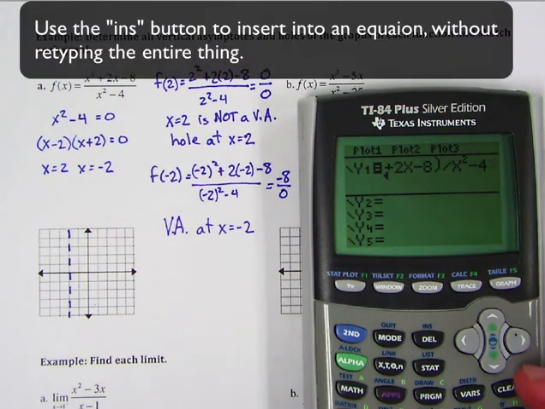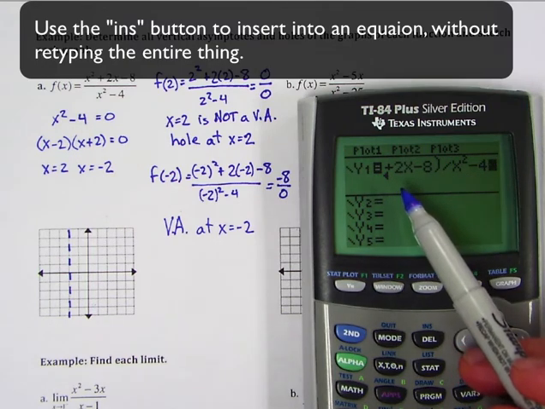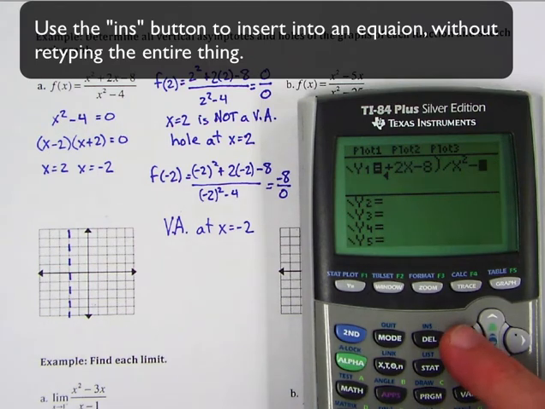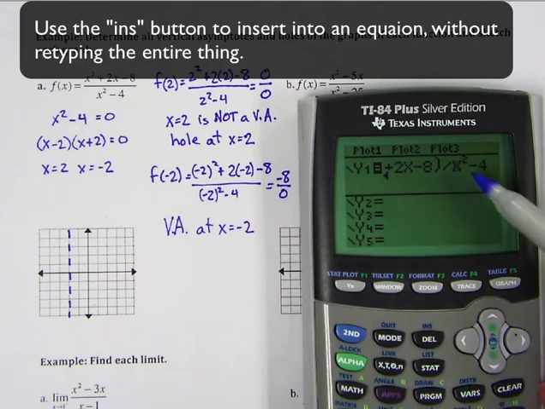Well, you could press clear, but then you're going to have to retype everything in. So there's this little function called ins, which is insert. So you just move your cursor over to where you should have the parentheses. Okay, so you're going to put it over the x, and if you just started typing, it would replace the items. But we want to insert a parenthesis.